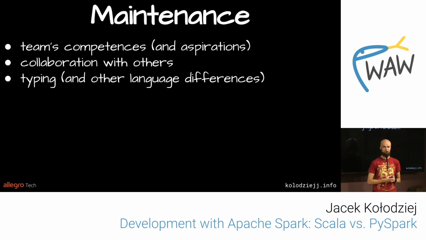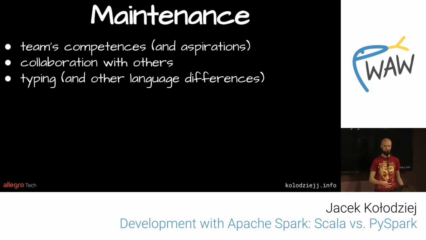Typing is something very valuable, and possibly other language differences. Scala and Python differ quite a lot, and some aspects of the language can slow you down or make you faster. Typing in Python will probably slow you down a little bit, but development with Scala is slower because of compilation time.